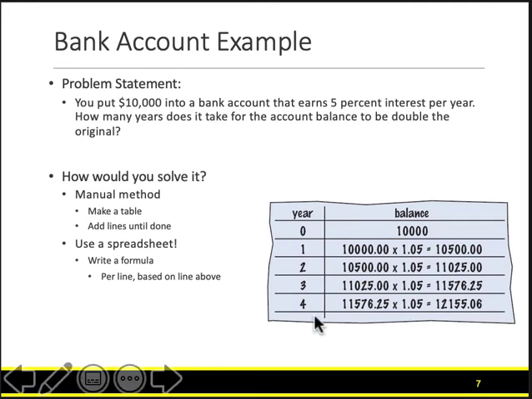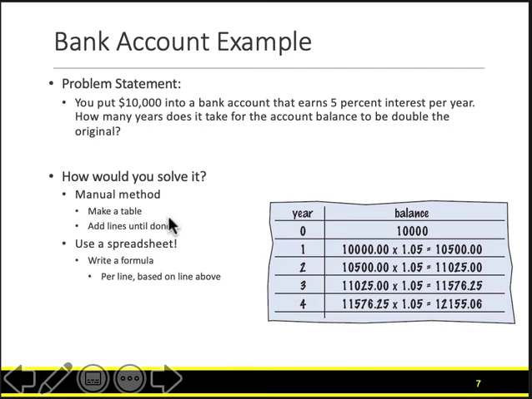Then the next few slides give you an example of a problem statement: how are you going to calculate the interest over a given period of time, per year, let's say, until you hit a certain amount? For instance, the example states that you have 10,000 in your bank account and you earn 5% interest. In how many years can you double the amount? The slides tell you how you are going to solve it.